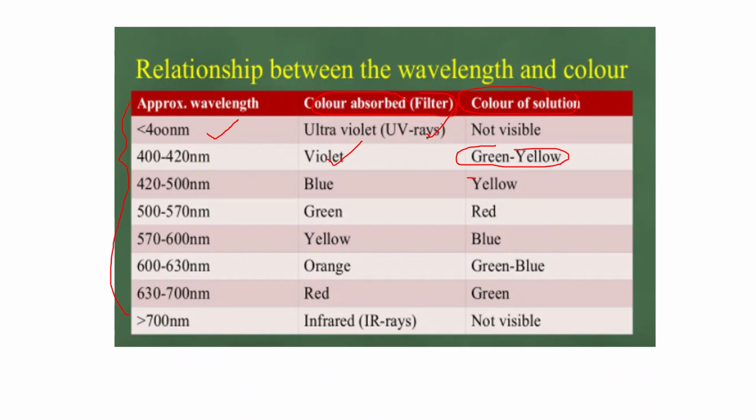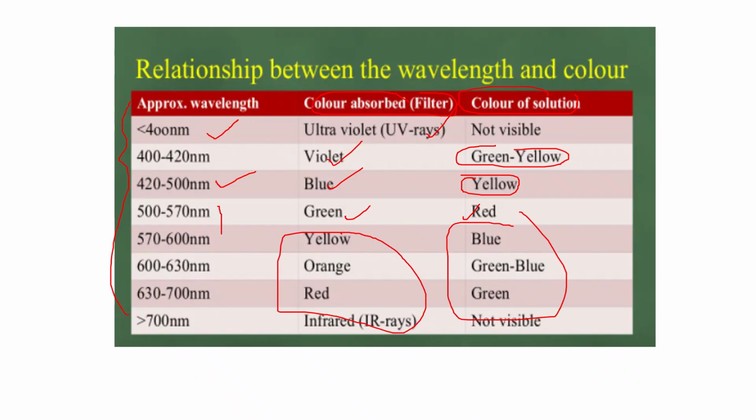Similarly, if your solution is yellow colored, you can select blue, because its complementary color is blue, which will be 420 to 500 nanometer. For red, the complementary is green. So this is the color of the solution, this is the filter which can be selected, and this is the wavelength at which the filter is operating. The filter will give that particular color.